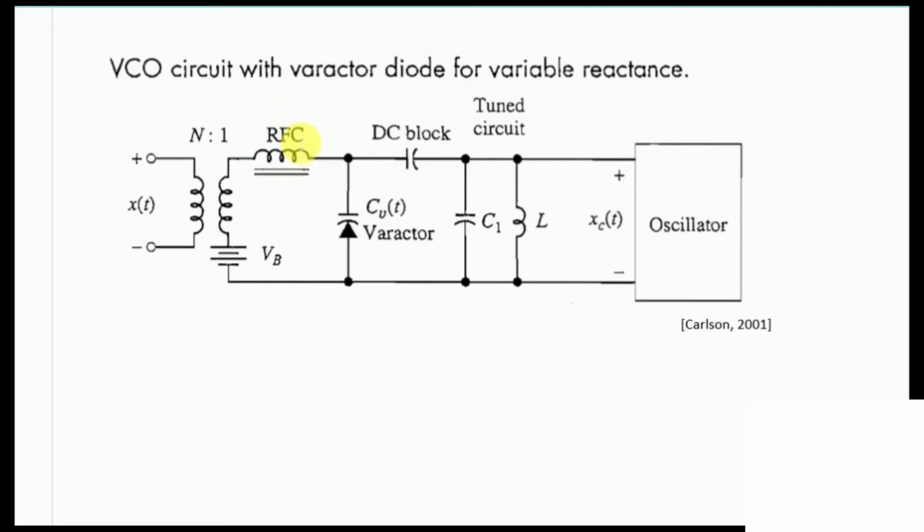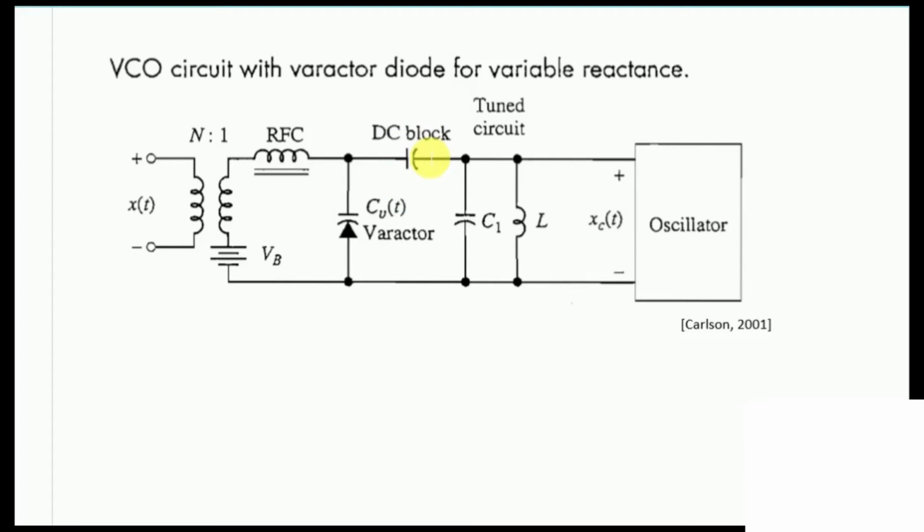So it rejects the high frequencies. We also know that a capacitor in series would block the DC value, or simply in a circuit it would reject the average value. So this is basically the operation of our DC block.